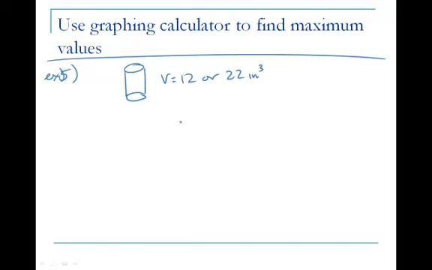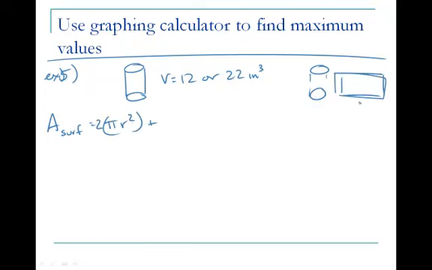Express the surface area of the can. Well, we need to know what the surface area of a cylinder is. A cylinder can be broken down into 2 circles, and then if we cut the sides and stretch it out, we get a rectangle. The area of a circle is pi r squared, and I need 2 of those, plus this stretched out rectangle is going to be the circumference of the circle times the height.